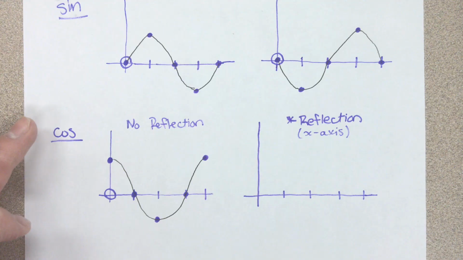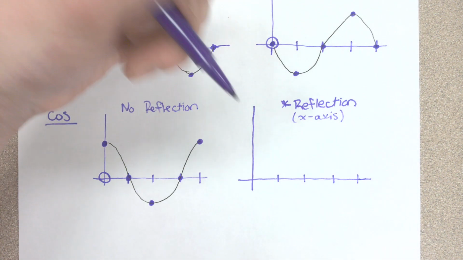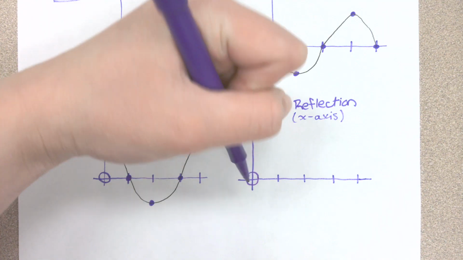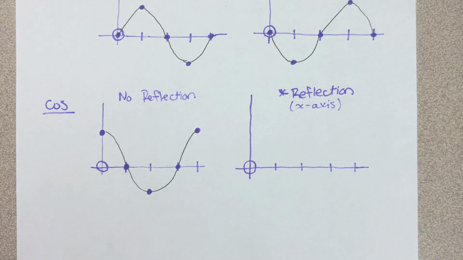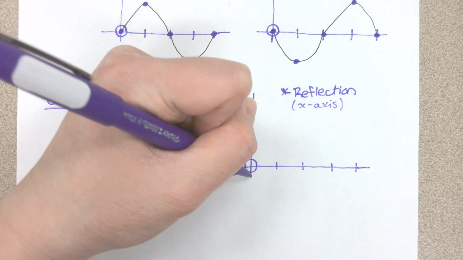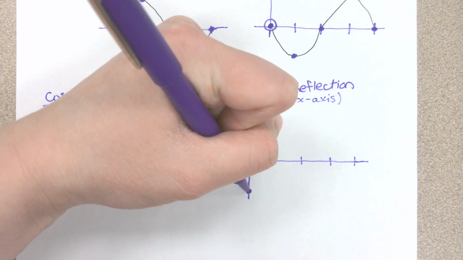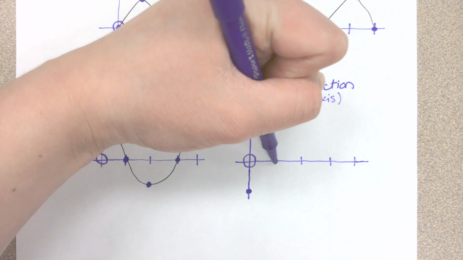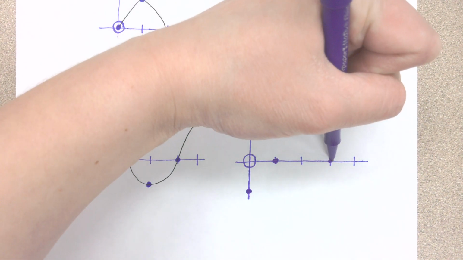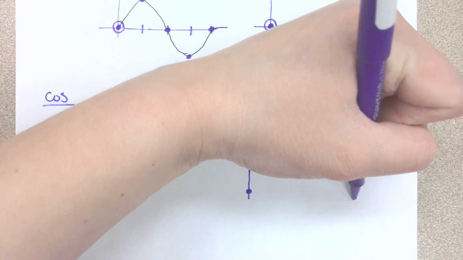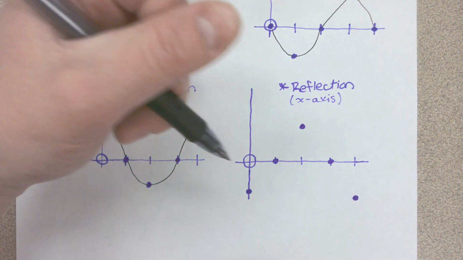We're not going to do y-axis reflections in here. So again, the maxes and mins are going to flip. So instead of starting at the maximum, we're actually going to start at the minimum for cosine. Then up to the midline, then up to the maximum, back down to the midline, back down to the minimum, creating an upside down U.